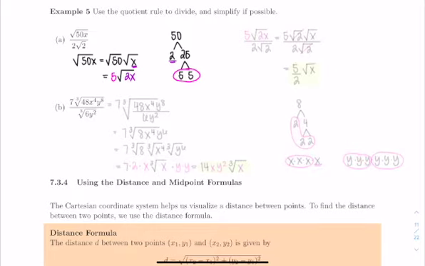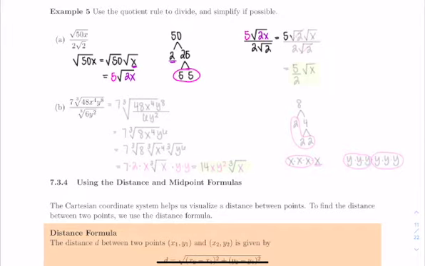So let's go ahead and rewrite the top. We have 5 times the square root of 2x divided by 2 root 2, which can't be simplified anymore. But what we can do is we can split that top into 2 separate radicals so that we can get rid of the square root of 2's.